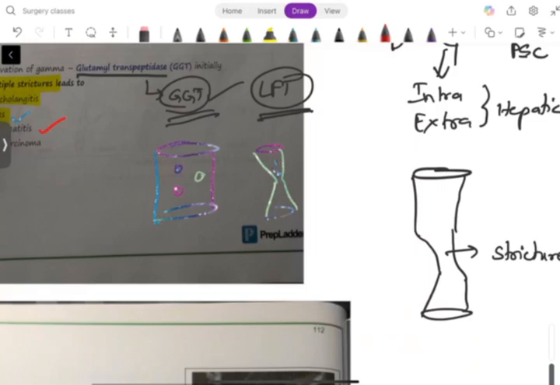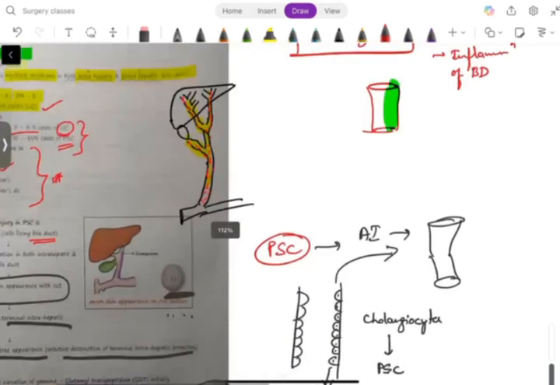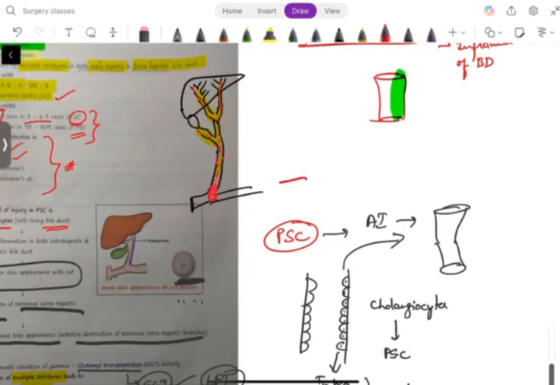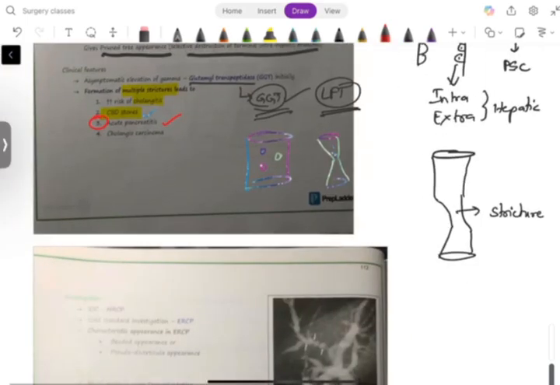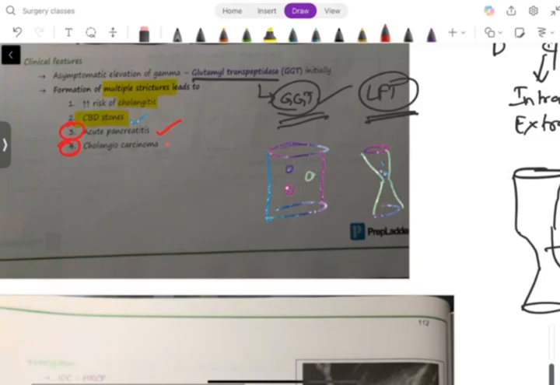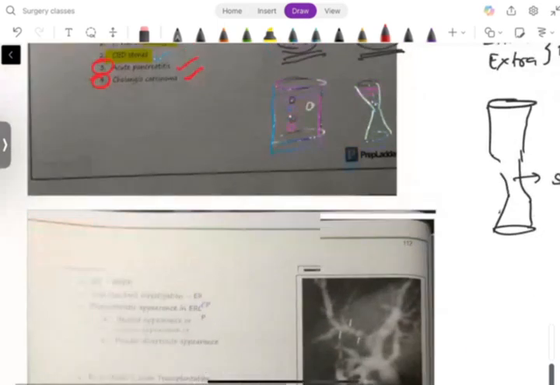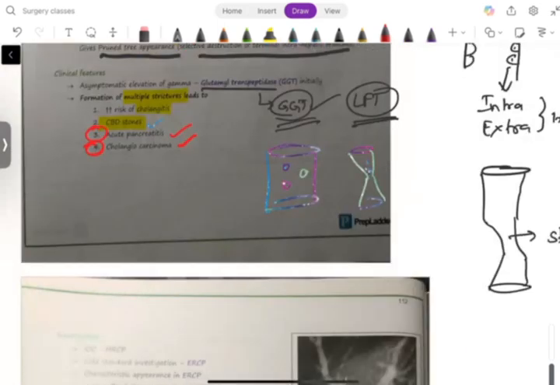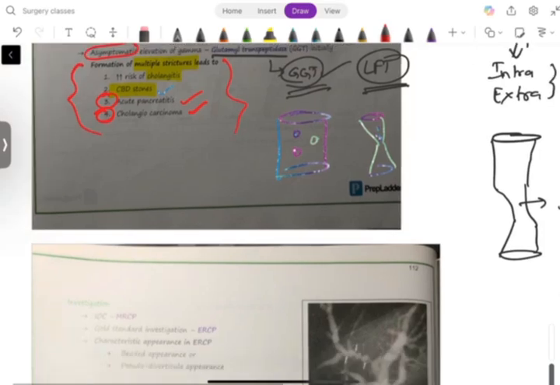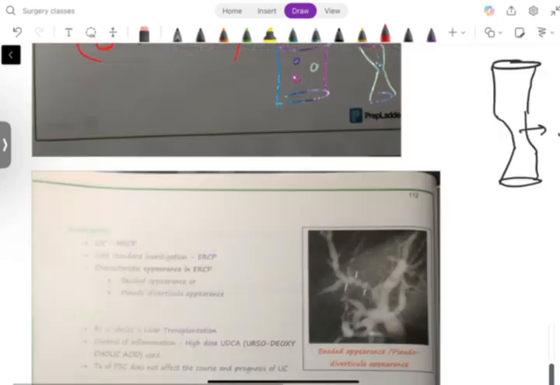Digestive enzymes will also get obstructed, leading to damage to the surrounding tissues of the pancreas, causing acute pancreatitis. And at last it can lead to carcinoma of the bile duct, that is cholangiocarcinoma. So these are all the complications; the patient can be asymptomatic or might present with complications like cholangitis, CBD stones, acute pancreatitis, or cholangiocarcinoma.